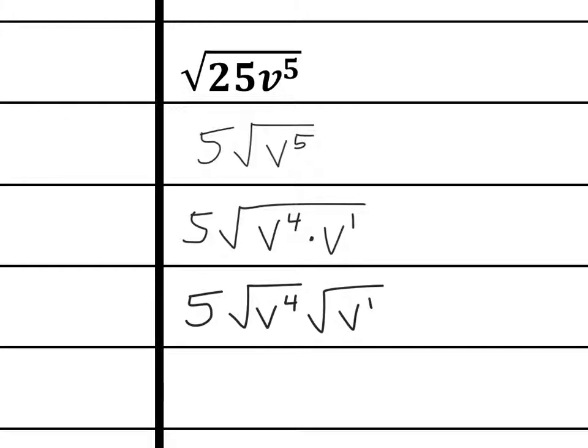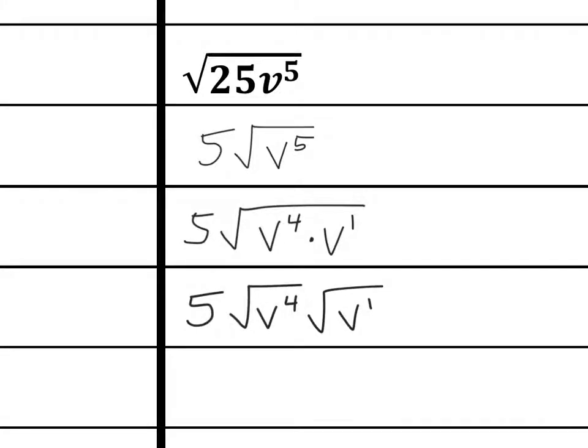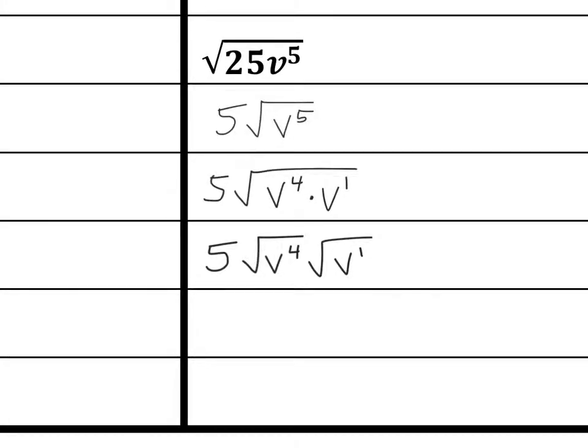Okay, and what's the square root of v to the fourth? V to the second. So 5v to the second. And you could put v to the first, or you can just put v, since that is just one v.